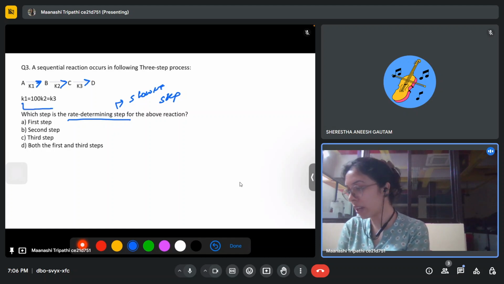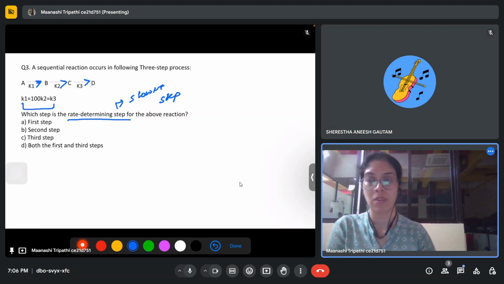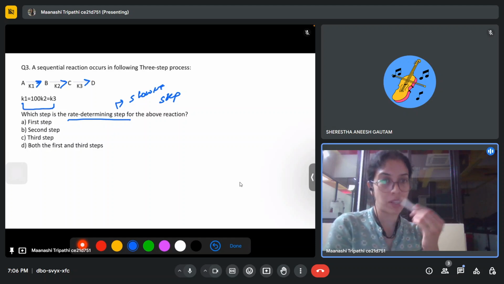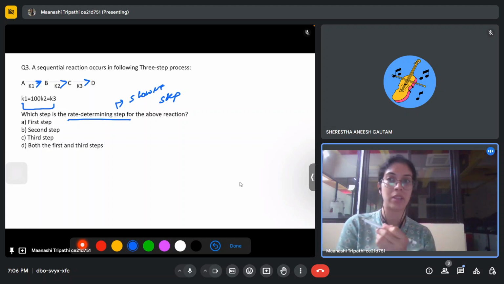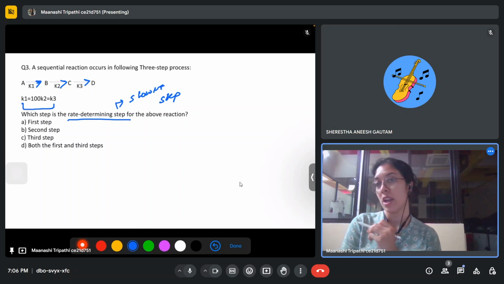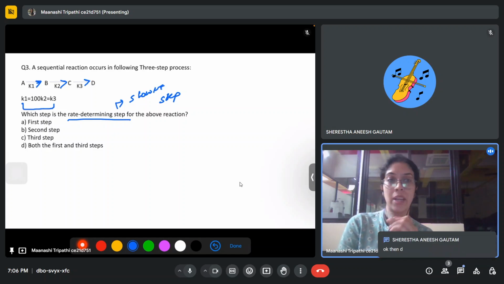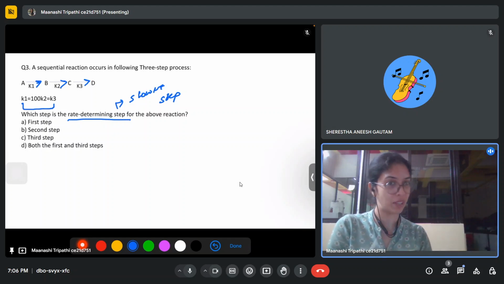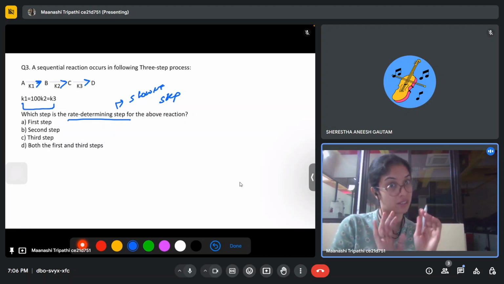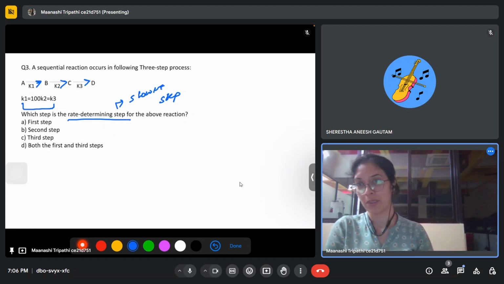K1 and K3 are equal. So if K1 is correct, K3 will also be correct. K1 and K3 are equal, and these are many times faster than K2. No, I'm saying if K1 is correct, then only K3 is correct. I didn't say K1 is correct.